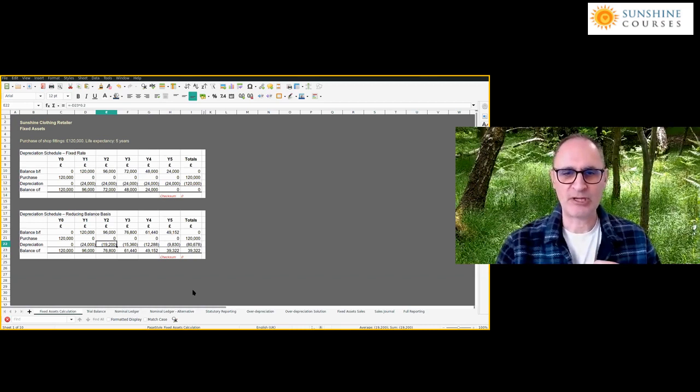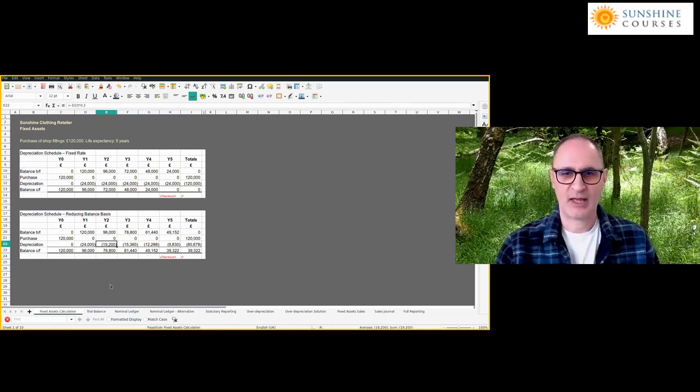And if you look at the depreciation, if we do this throughout the period, in the fixed rate, it stays constant throughout the period at £24,000 a year. But in the reducing balance basis, it decreases each year, which some people and in some businesses would be more appropriate if the other side of depreciation is, for example, maintenance costs.